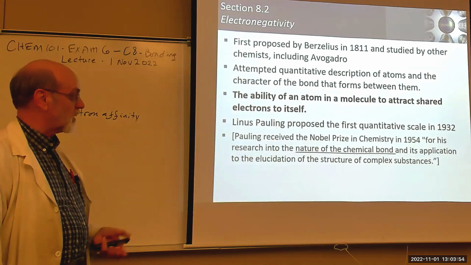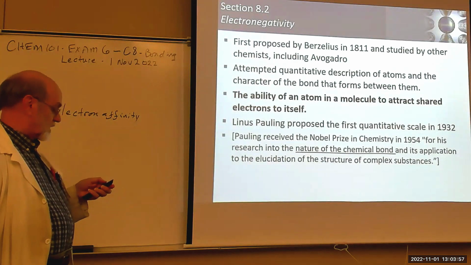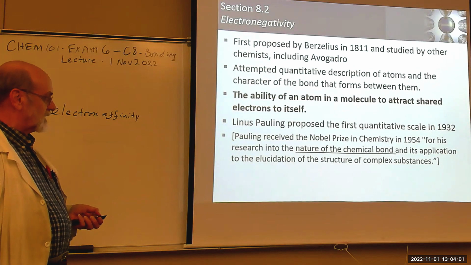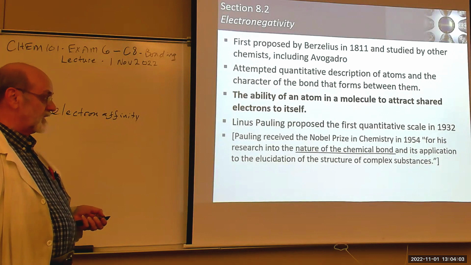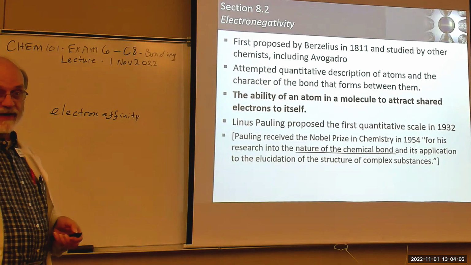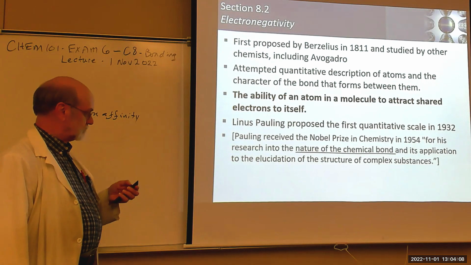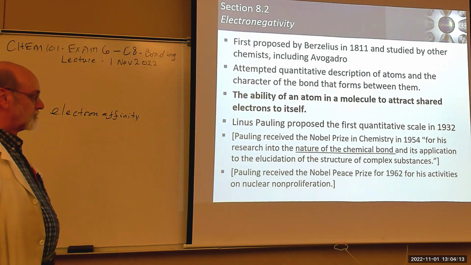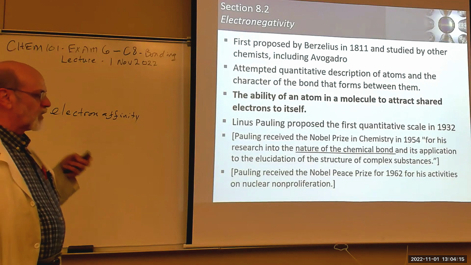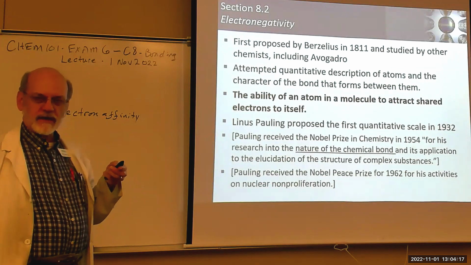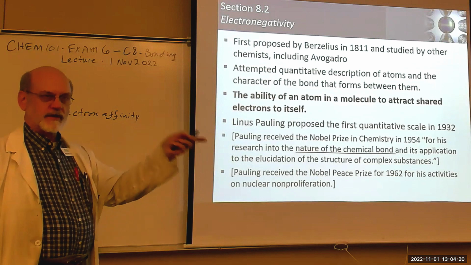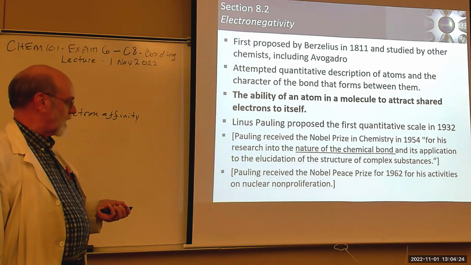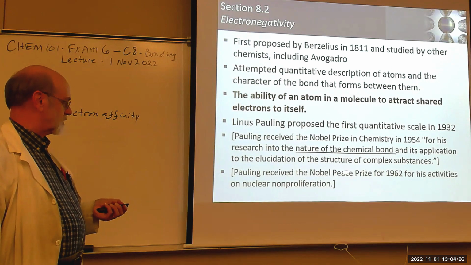And that's what Linus Pauling did. He actually wrote a book called The Nature of the Chemical Bond. And it was significant enough in the scientific community to get him a Nobel Prize in 1954. He was one of the few persons to also get a Nobel Prize in a separate arena. He got a Peace Prize in 1962.